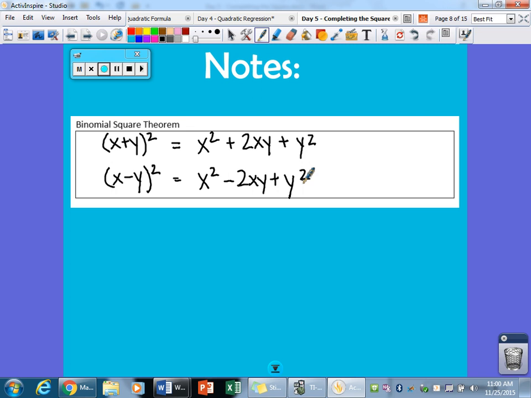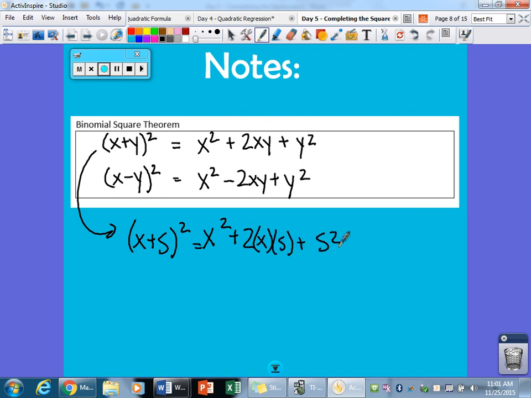Again, for our last one, we had x plus 5 squared. We got x squared plus 2 times x times 5, and then plus 5 squared. And when we simplified it, we got x squared plus 10x plus 25. Kind of cool. Works every time.